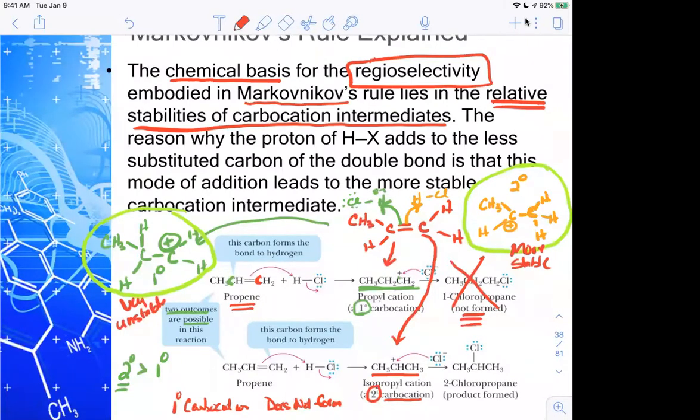So this is going to predominate, and this one is not going to form because of those differences in stability. So this is the product that I actually get, and I don't get the other product. The other product is not observed.